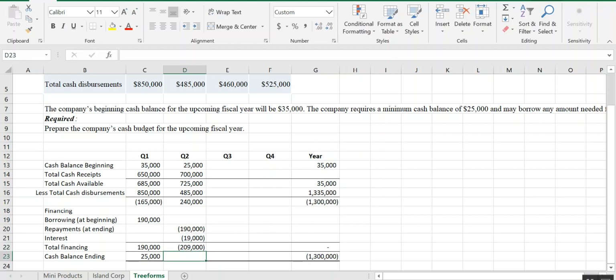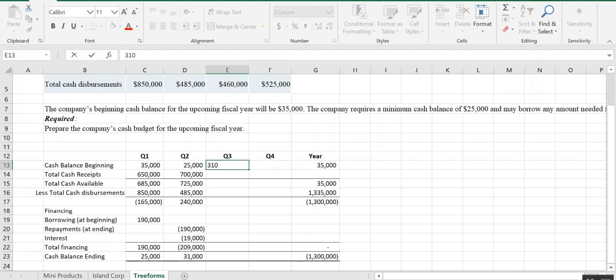It's a negative cash flow because we're paying it back to the financing, but that gives us an overall positive cash flow of $31,000, and that's above the minimum that we need for the end of the quarter.